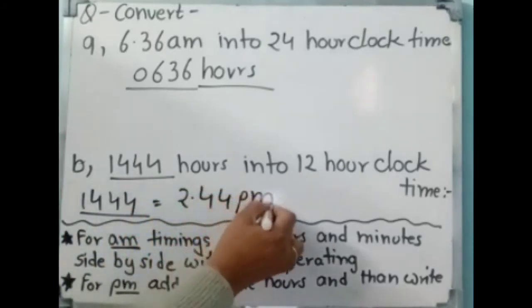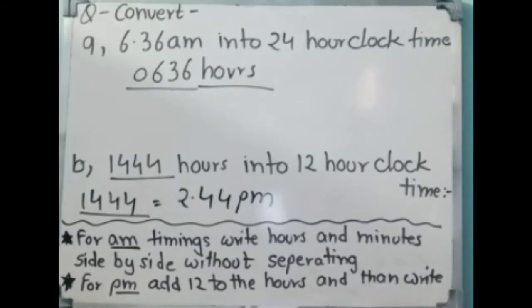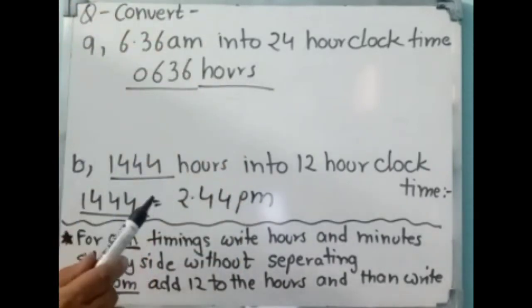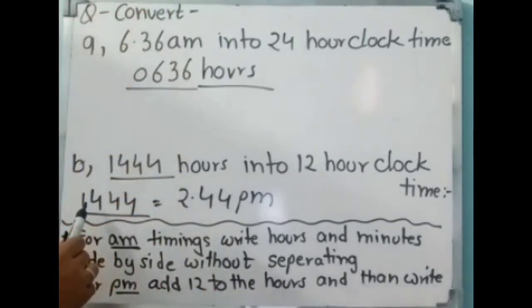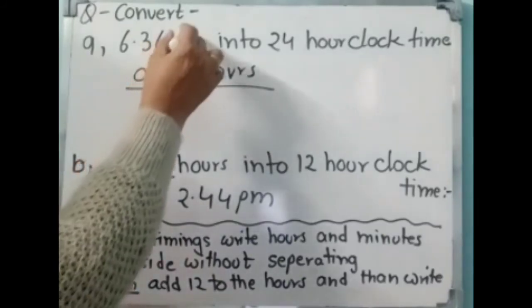This is the time. So from 12 night to 12 noon we have AM, and from 12 noon to 12 night that is PM. So here what to do? More than 1200 means that this is PM. Less than 1200, that is AM.